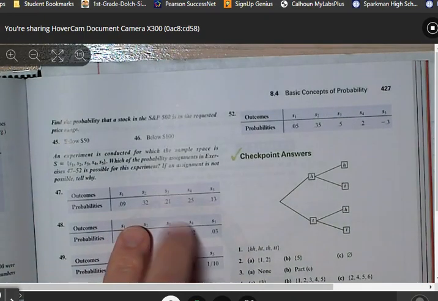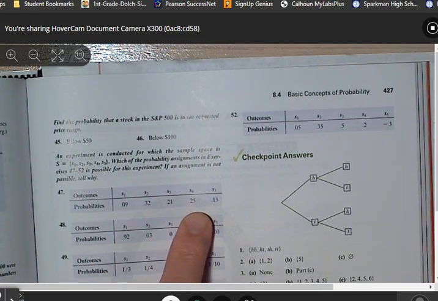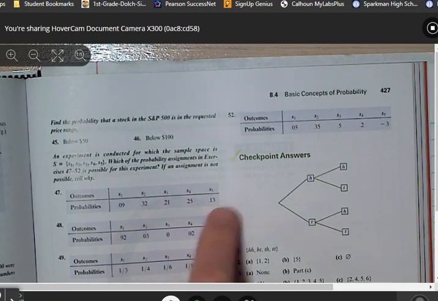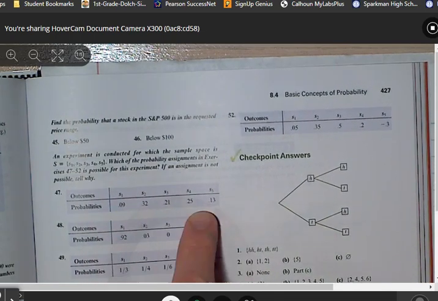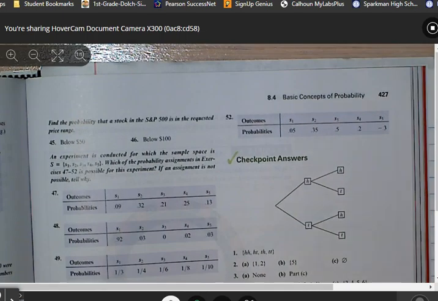Sometimes, like this one, if you look at one of these examples, everything here is between 0 and 1, so they're good. And just go back and check, as long as all this adds up to 1, then that would be one that would be good. I'm not sure. Let me check that one real quick.